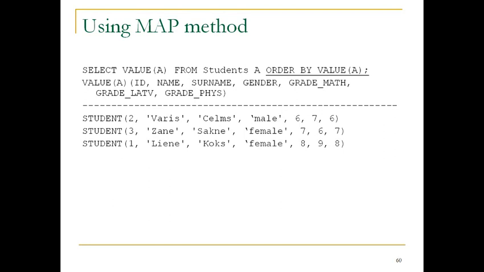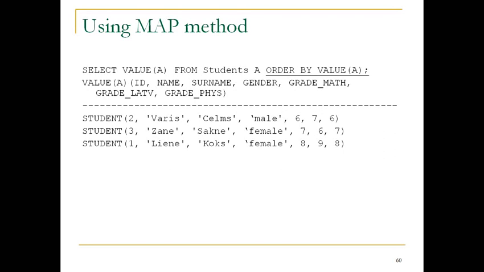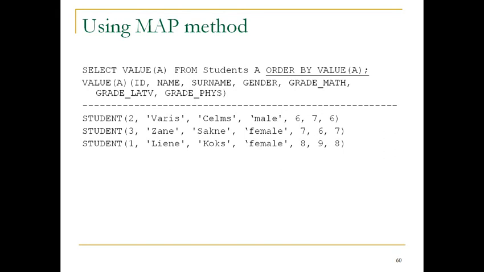Of course, we can order students ascending or descending. Default is ascending, so they are ordered from the worst to the best. As you can quickly calculate, the first one is the worst and the last one is the best.